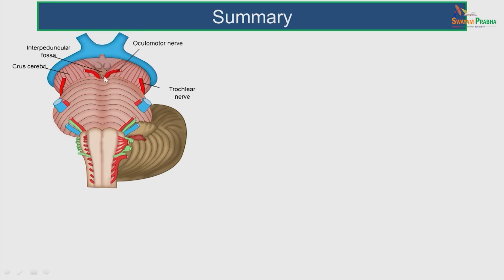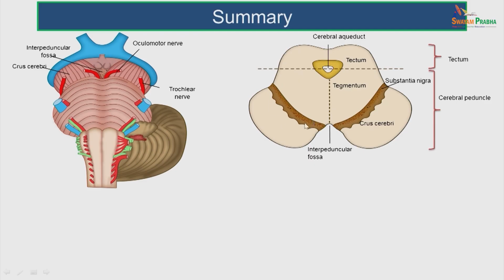The oculomotor nerve emerges from the medial aspect and the trochlear nerve from the lateral aspect. In the cut section, from anterior to posterior, we can appreciate the crus cerebri, substantia nigra, tegmentum and tectum. The cavity of the midbrain is the cerebral aqueduct.